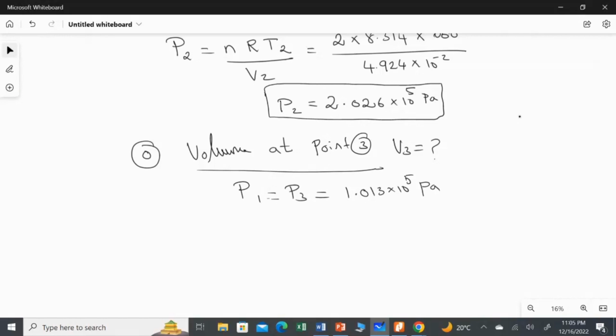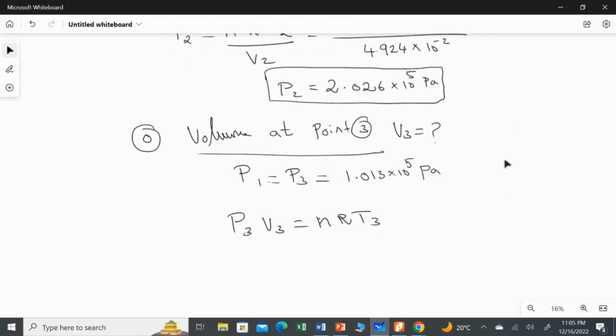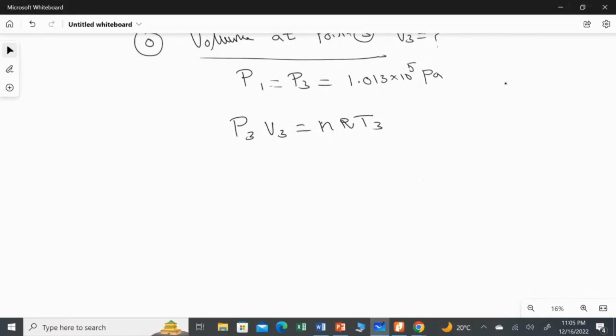Okay, now I have to write the ideal gas equation for the third state. So P3 V3 is equal to nR T3. We are going to find the value of V3, so I have to rearrange this equation. Therefore, V3 equals nR T3 over P3.